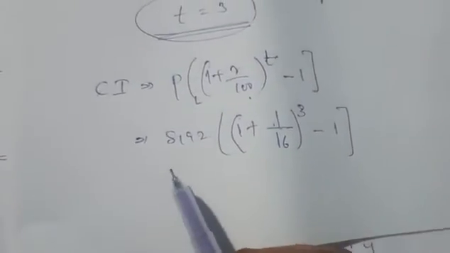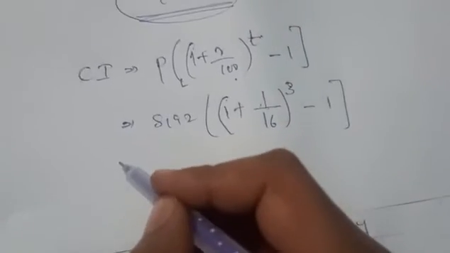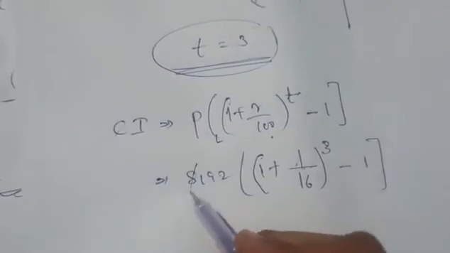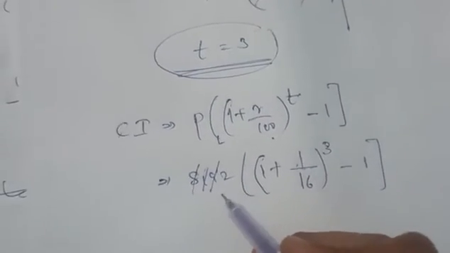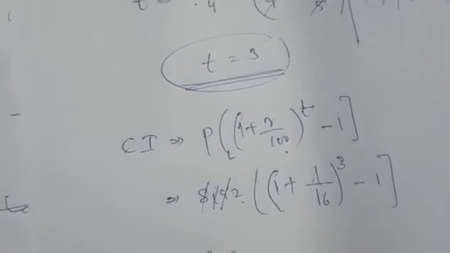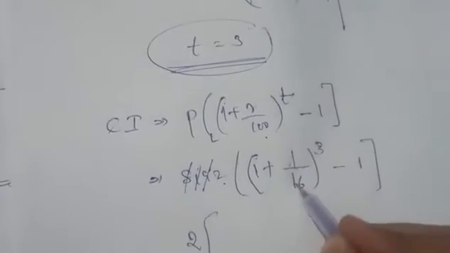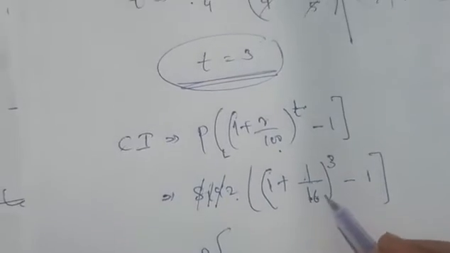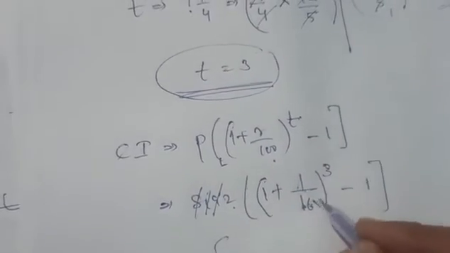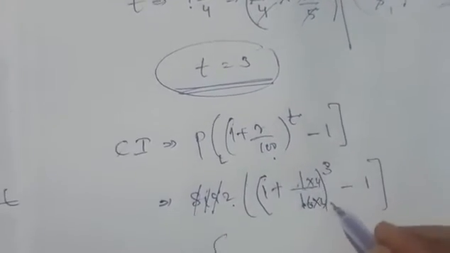Okay, now here I am going to apply the digit sum method. I already told you, 8 1 9 gone, 9 no need to consider, only 2 is left. And here 1 plus 16 is 17, digit sum 8. Whenever we have 17 in the denominator, we multiply by 4 for both numerator and denominator.